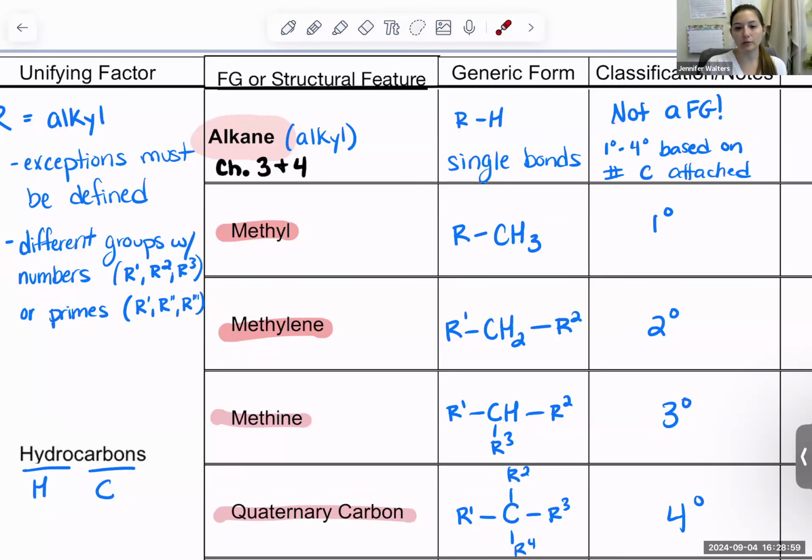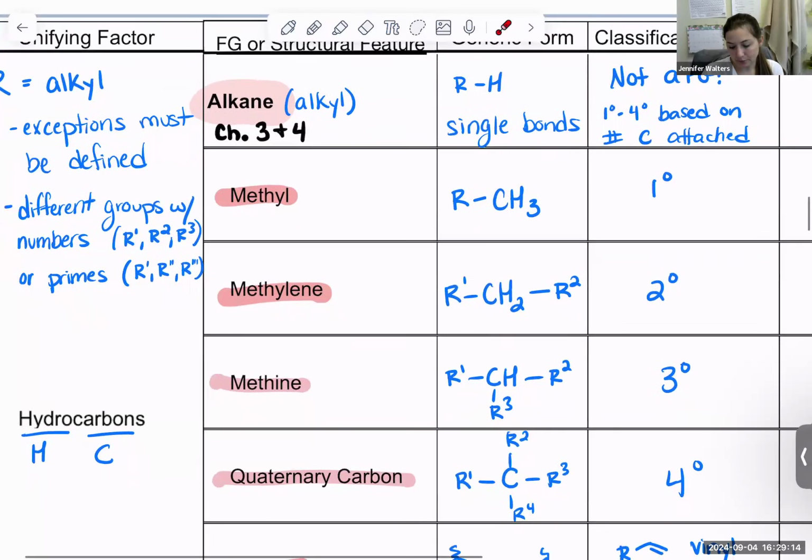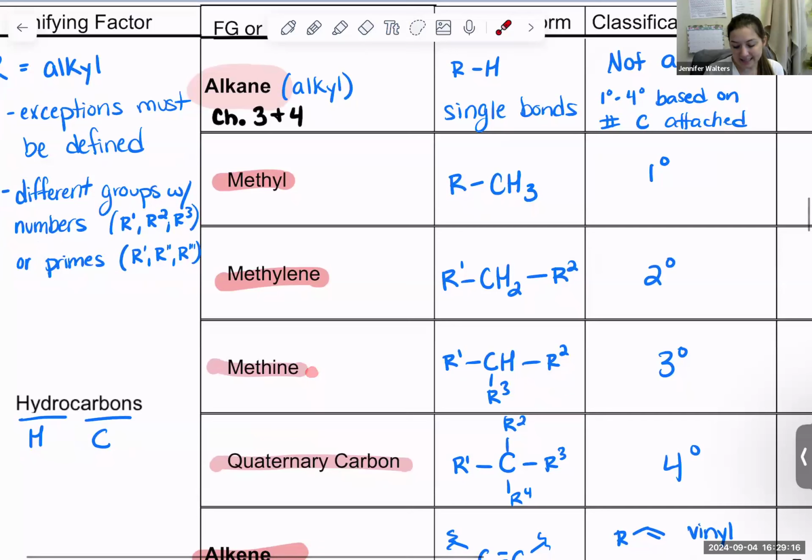That makes it methyl. So it's primary when it's carbon attached to just one other carbon. If my carbon is attached to 2 other carbons, it is secondary. That makes it a methylene if it's that CH2 attached to 2 other carbons. Methine is a CH that is attached to 3 other carbons. That makes it tertiary. And a quaternary carbon is a carbon attached to 4 other carbons.